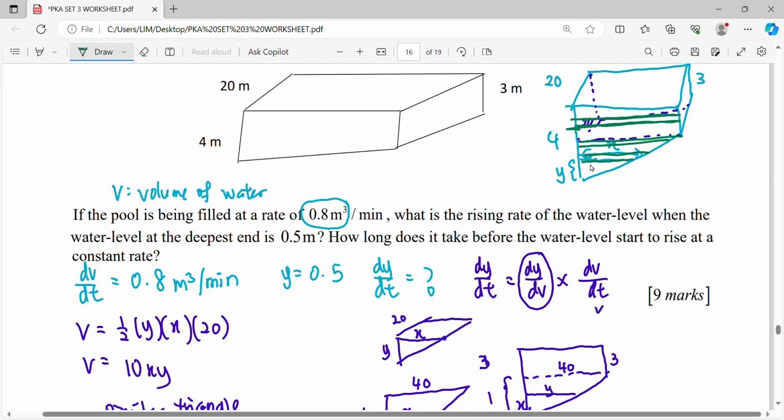Your x won't change because the shape is fixed, just square. So rising at a constant rate means when you reach this cuboid shape, you have already filled all the trapezium shape at the bottom here.